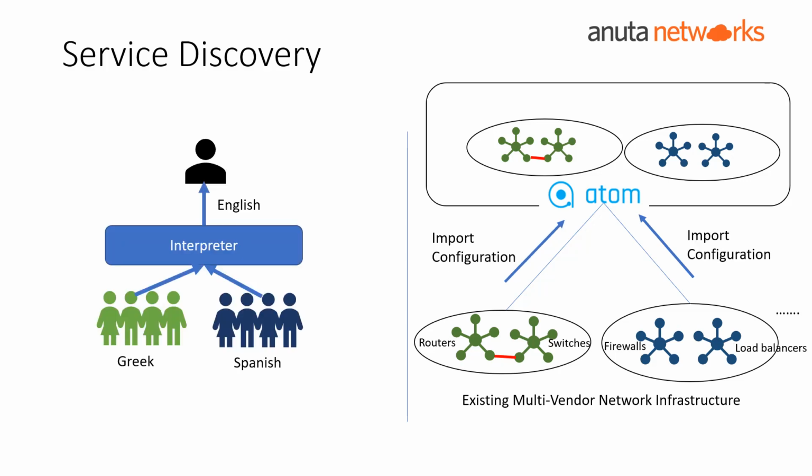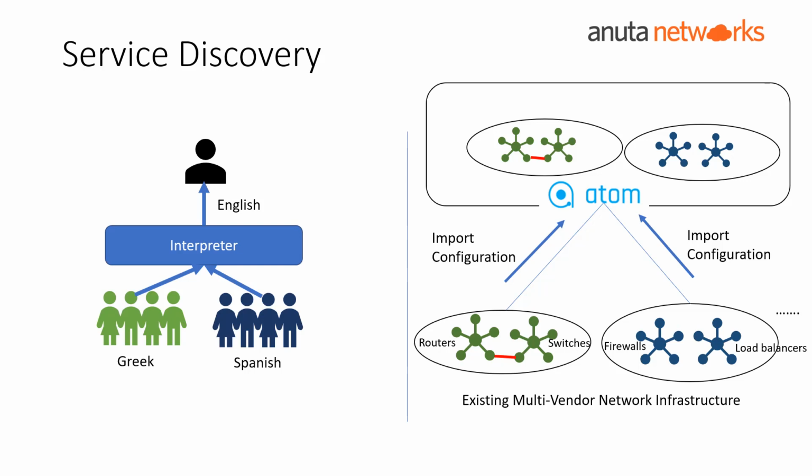Service discovery. Once we have the network discovered, Atom goes into the next step, which is service discovery. As part of this feature, Atom imports the configurations from different network devices. We had discussed this in one of our previous videos using an international classroom. The classroom had students speaking different languages like Greek and Spanish, and an English-speaking teacher teaches the kids with an automated interpreter in the middle.